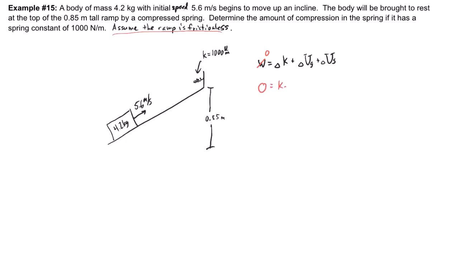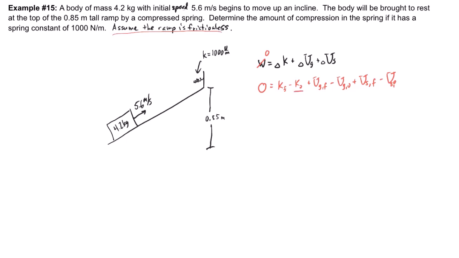And then we'll take the final kinetic minus the initial kinetic, the final gravitational minus the initial gravitational, and the final elastic minus the initial elastic potential energy. Now, which of those can we cancel out? Well, we do know that it starts with some speed, so that initial kinetic energy is going to be necessary.